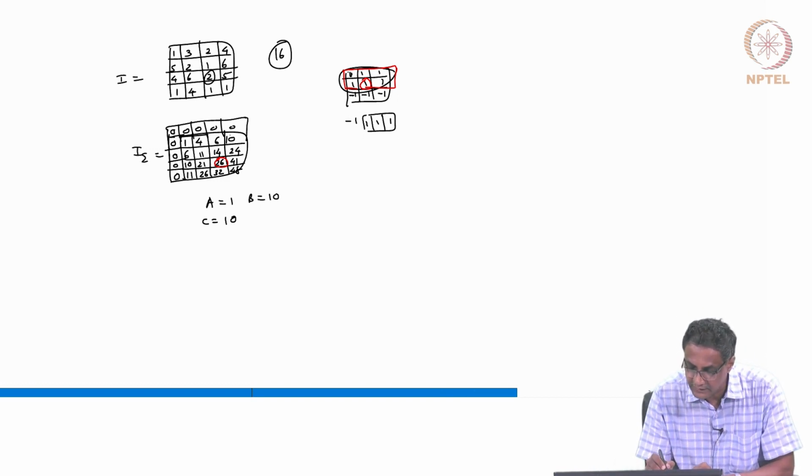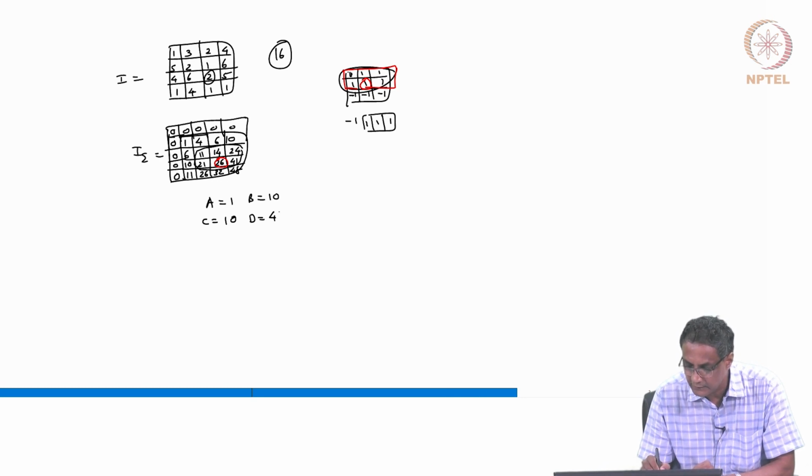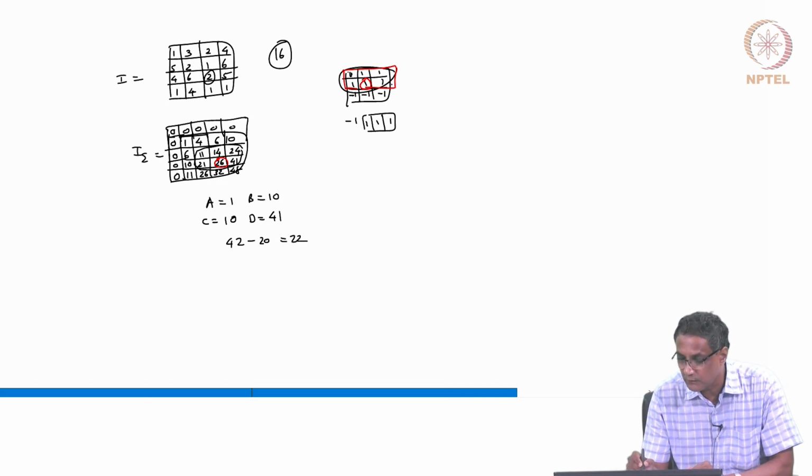You are sitting here, so C is this one, on top of 24. C is 10, and D is 41. So now A plus D is 42 minus 20, which is equal to 22. If you convolve 1 1 1, 1 1 1, you should actually get 22: 6 plus 2 is 9, plus 6 is 15, plus 5 is 20, plus 2 is 22.